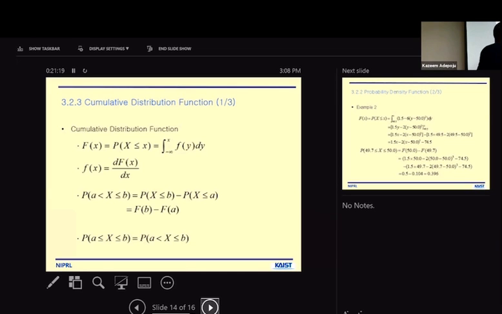And if I want to get my PDF from my CDF, then I differentiate the CDF. Derivative and antiderivative are inverses of each other. So when you integrate the PDF, you get a CDF. When you differentiate the CDF, you get a PDF. That's what I'm talking about there.